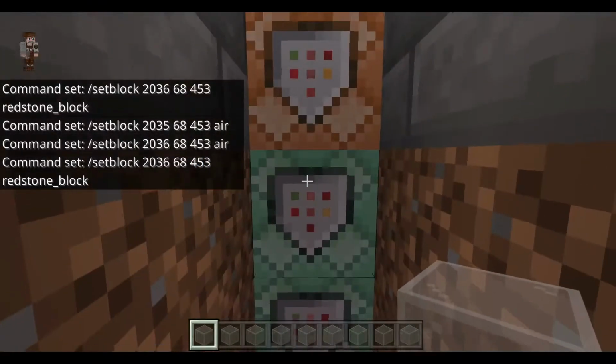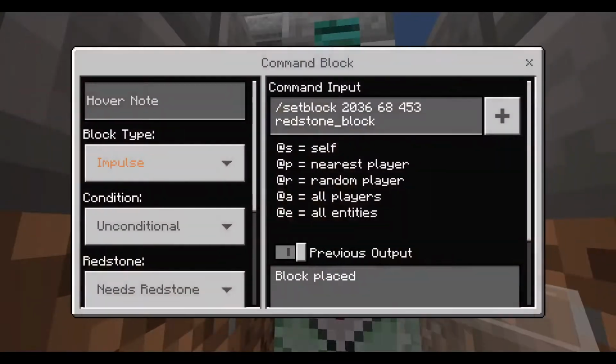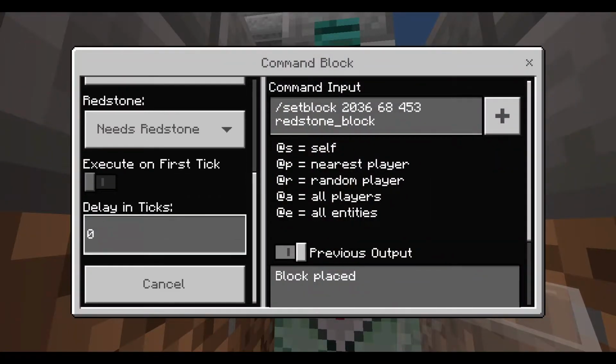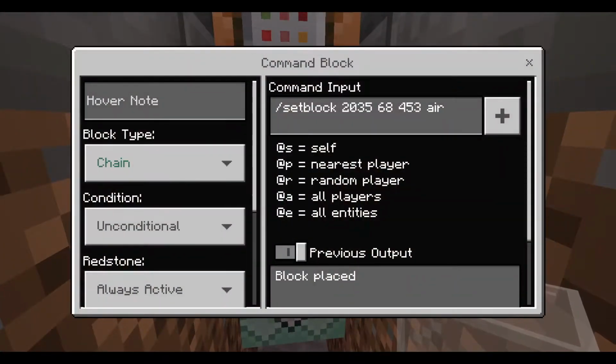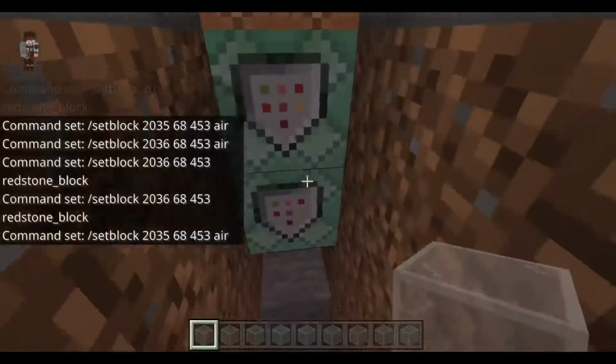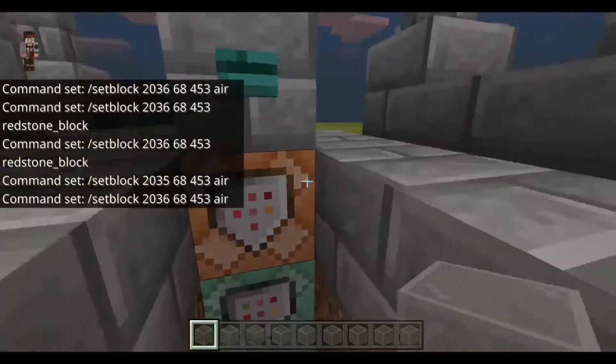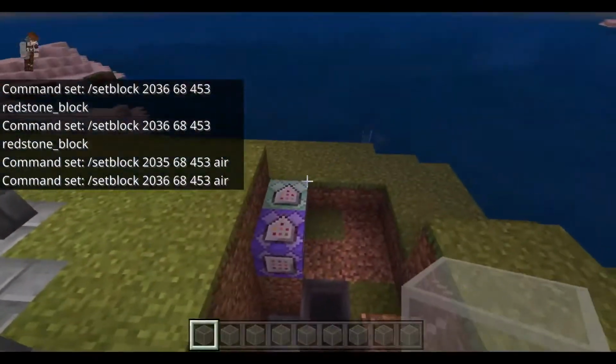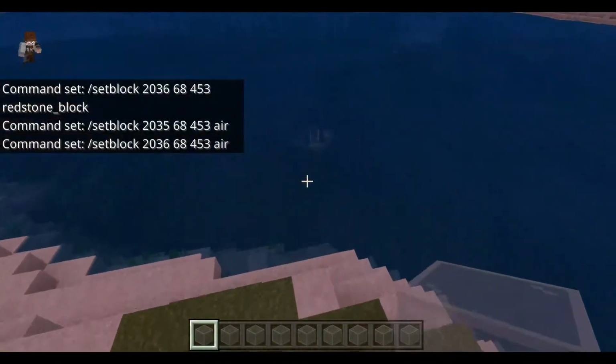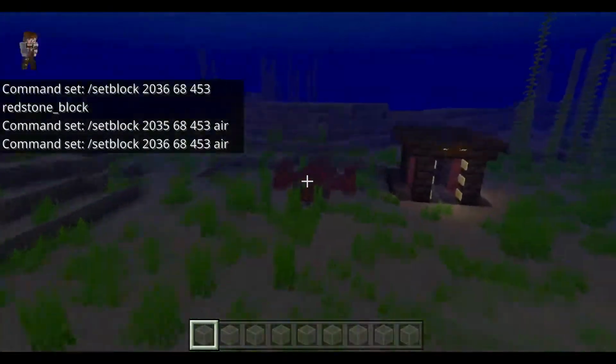So again, command blocks really beneficial with the delay and ticks, being able to smartly decide when things start and when things stop. So those happen immediately, and this one happens 30 seconds later. All right, and that's what started our music and the fireworks that would play.